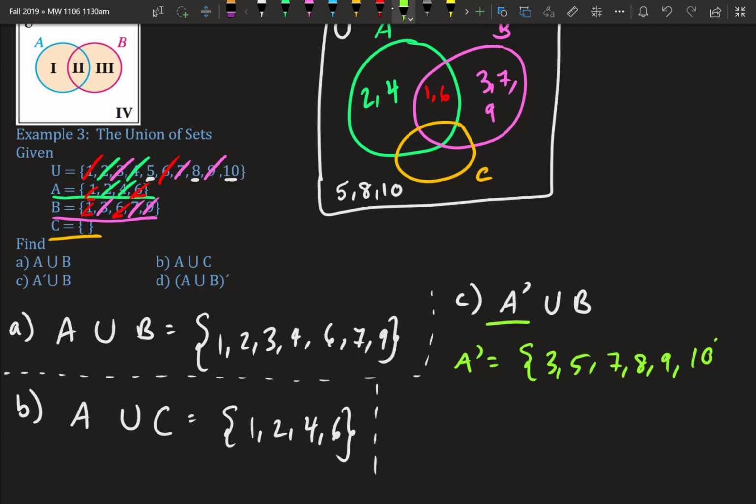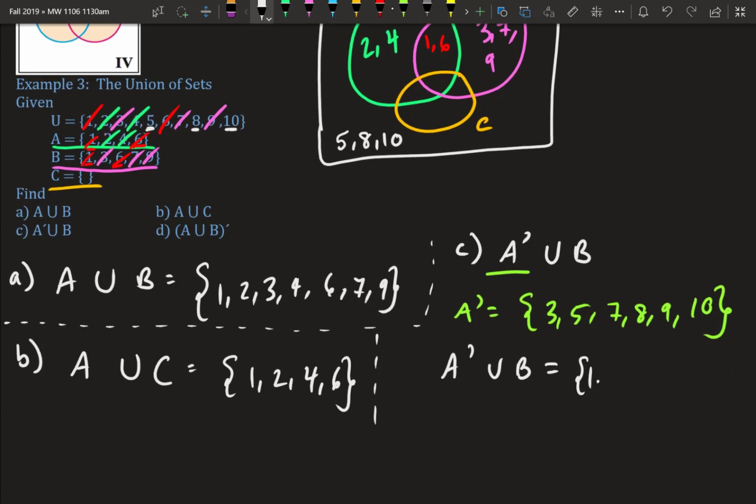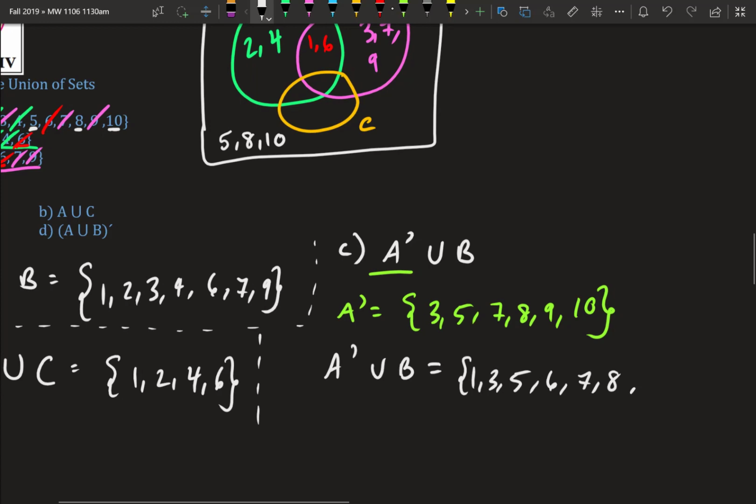That's everything that's not in A. So now let's union it with B. So if we mush everything we just figured out and put it together with B, we have 1, 3, 5, 6, 7, 8, 9, 10.